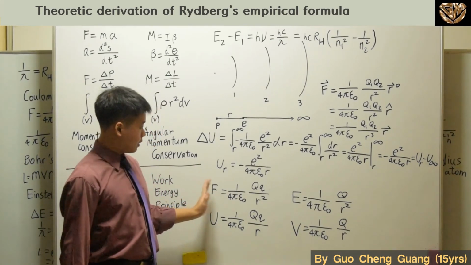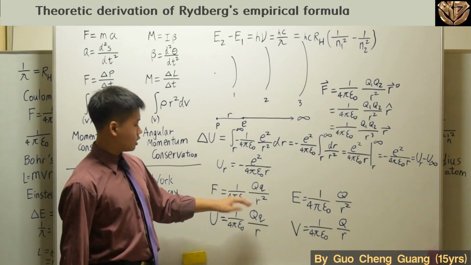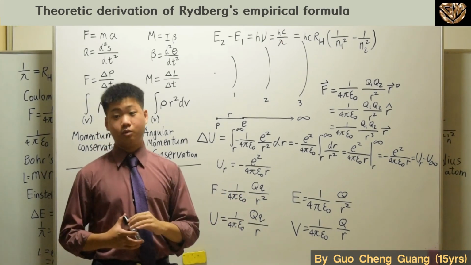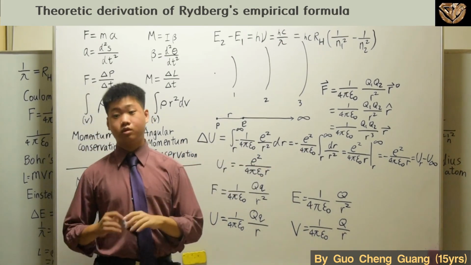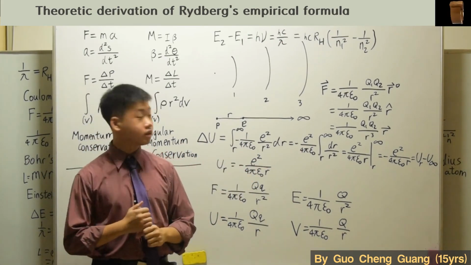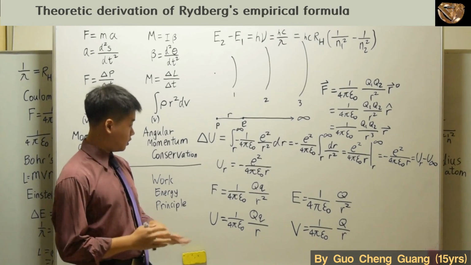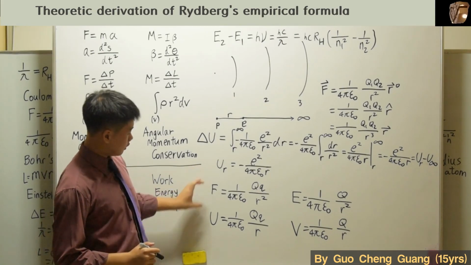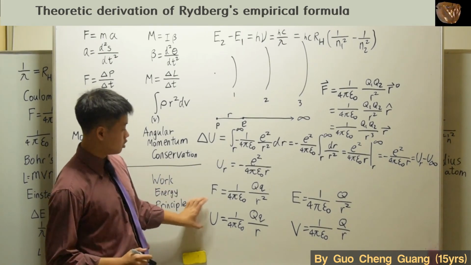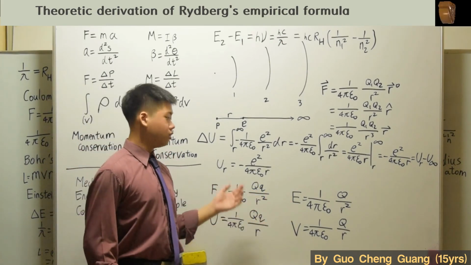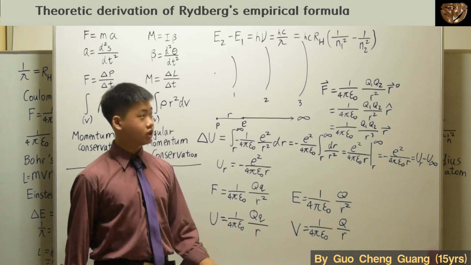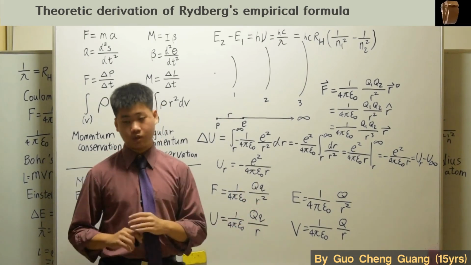Then F and E both have the denominator as r squared, while U and V both have the denominator as r, which you could see why from the steps above. So F and U use 2 charges, 1 source charge and 1 test charge, while E and V technically also have a source charge and a test charge, but the test charge is just taken as 1 coulomb.